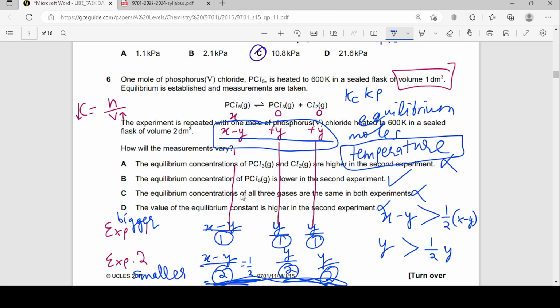So basically, if my concentration is decreasing here, my concentration immediately increases in these two, right? So that means your mole fraction, I mean to say, what should I say? My Kc expression is what? It's PCl3 multiplied by Cl2 divided by PCl5, right? That's my Kc expression. And now if PCl5 is decreasing, that would mean my Kc would increase, right?